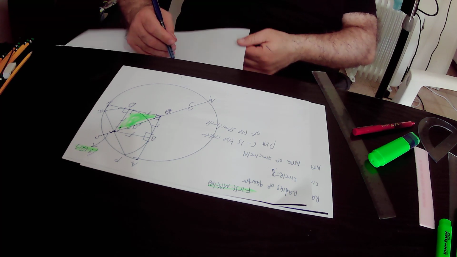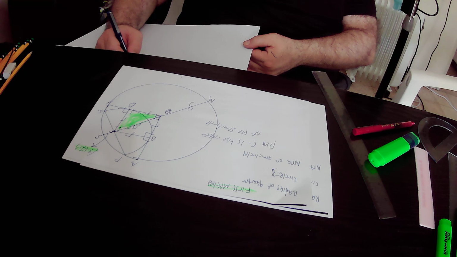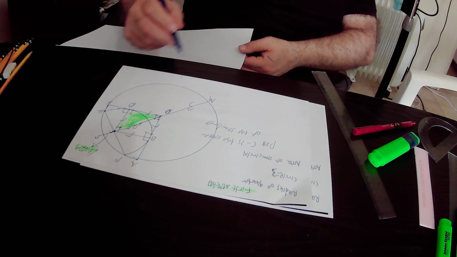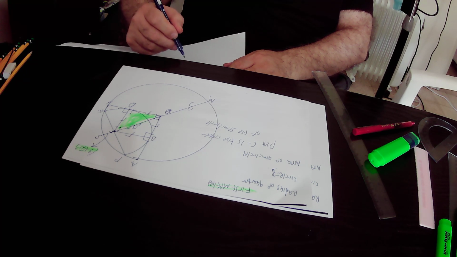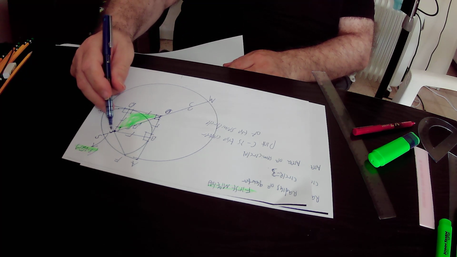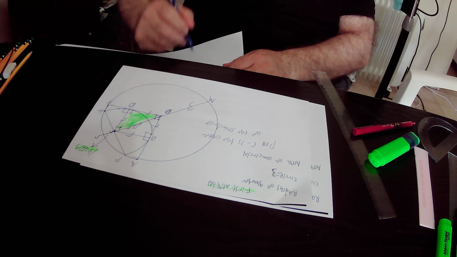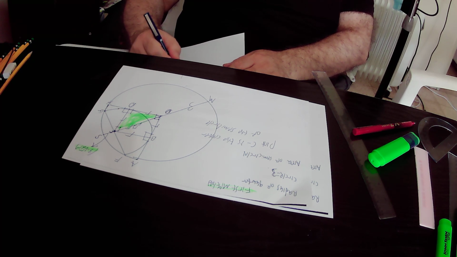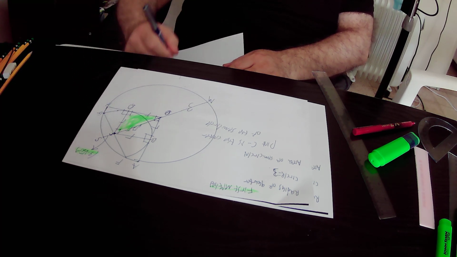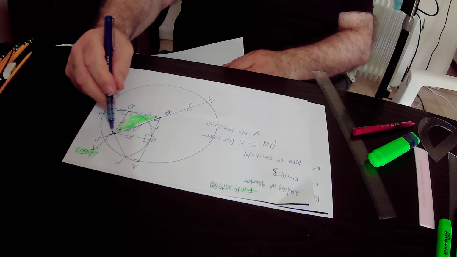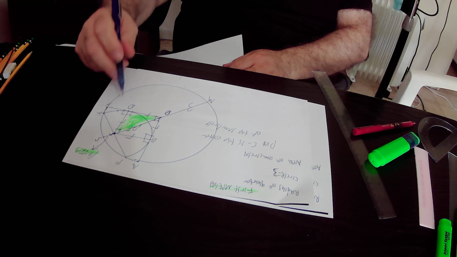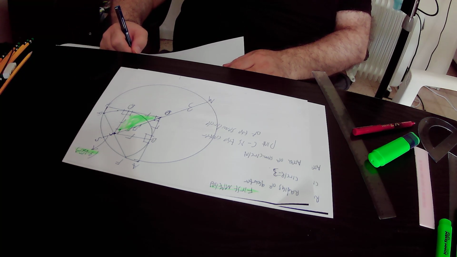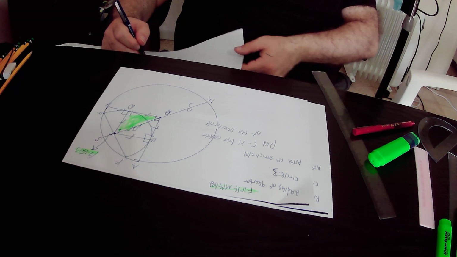we'll get that MS times, it is actually MC, this is point C, MC times CS is equal to FC times CG. I repeat again.